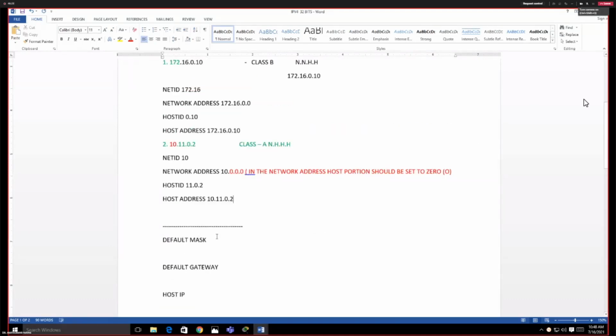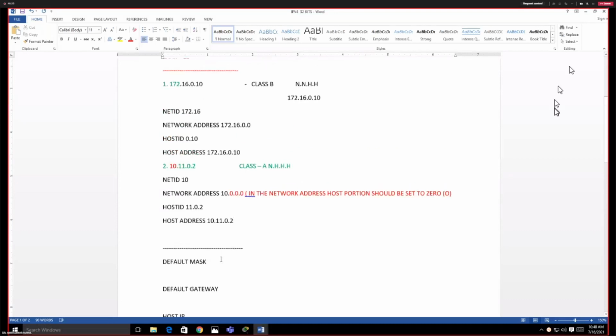Now please listen to me carefully. For the default mask, identify the default mask. The rule is: set all the bits to 1 in the host portion by keeping the network portion as it is.